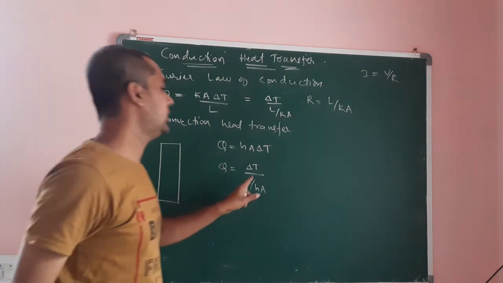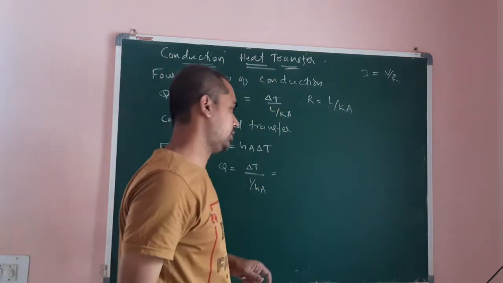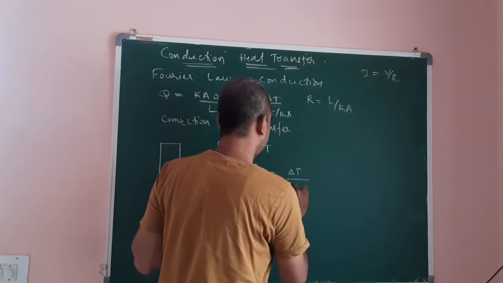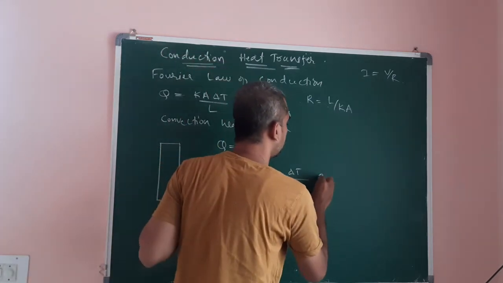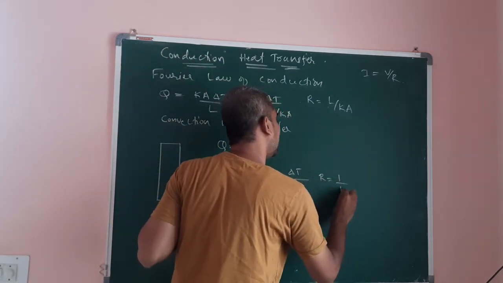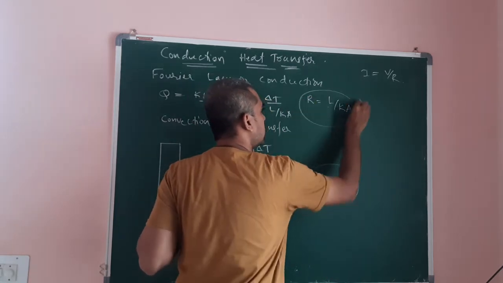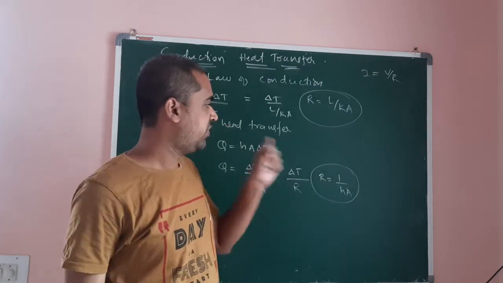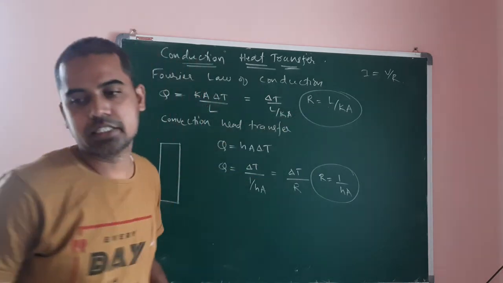This 1 by hA is the convection thermal resistance, so R is equal to 1 divided by hA. This is thermal resistance when heat is convecting, and the other is thermal resistance when heat is conducting.